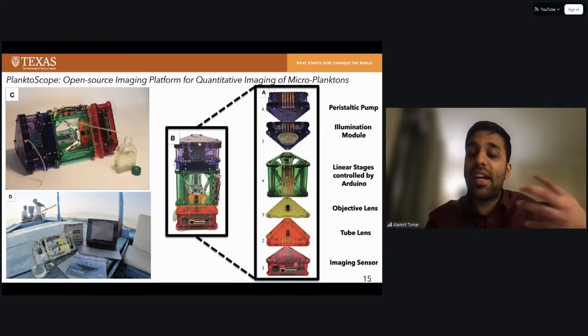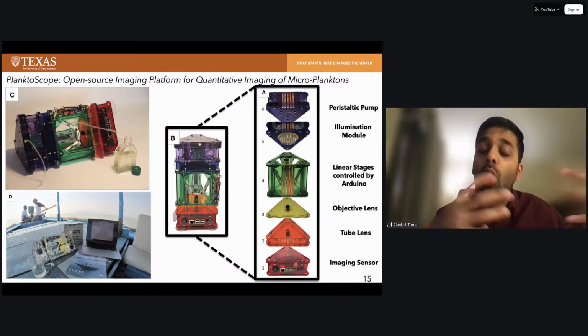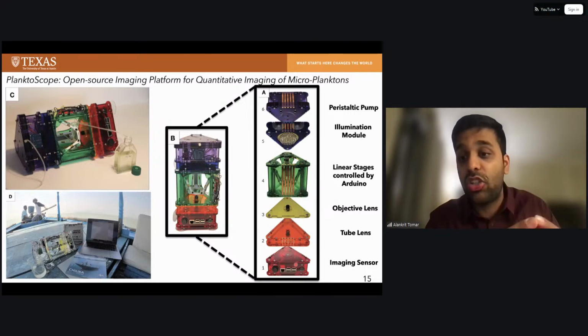So all of these devices are made in a way that upgrades are really easy. And that is also the core of frugal engineering.